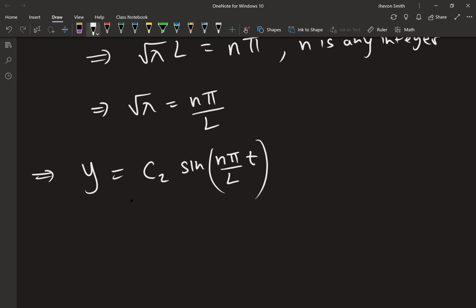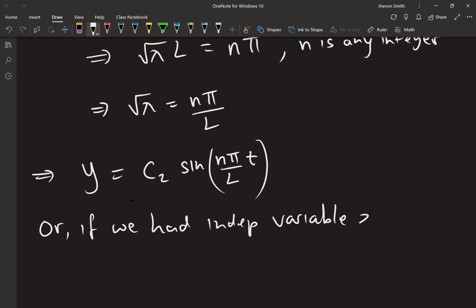Or to be a little bit more suggestive, if we had the independent variable x, this would look like y equals C2 sine n pi x over L.